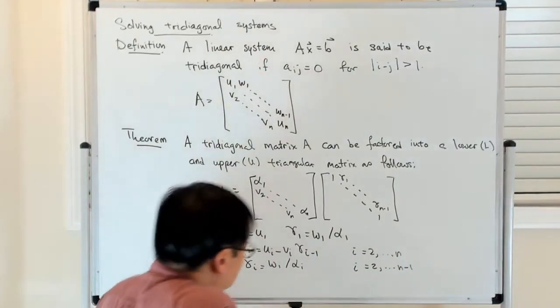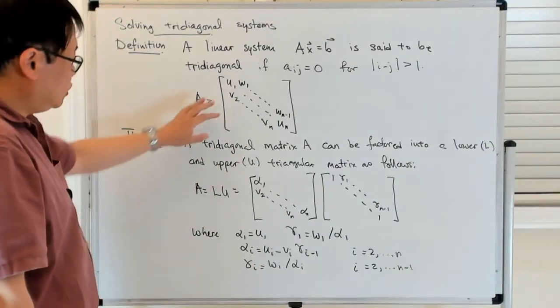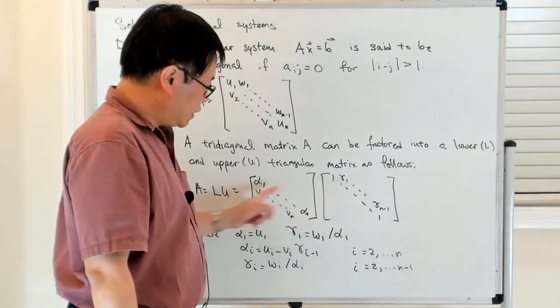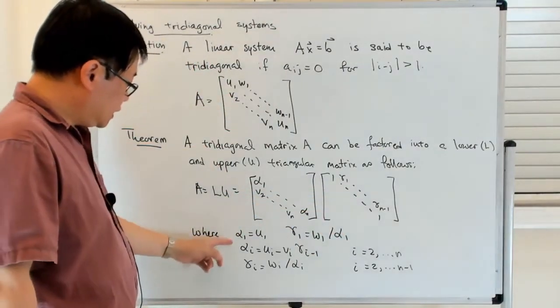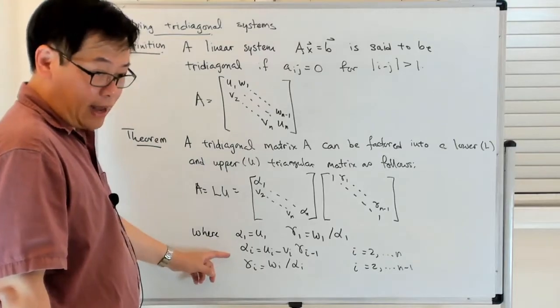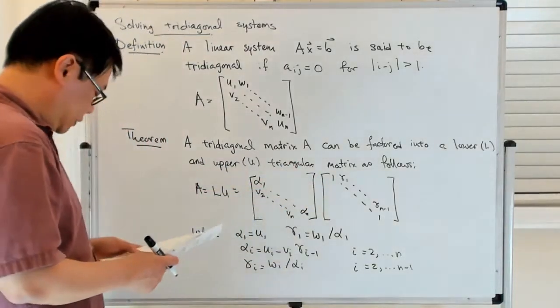Okay. All right. So the theorem is kind of nice. It tells you exactly what the LU decomposition of a tridiagonal system is, and you can see that it requires order n operations to write down what that LU decomposition is.